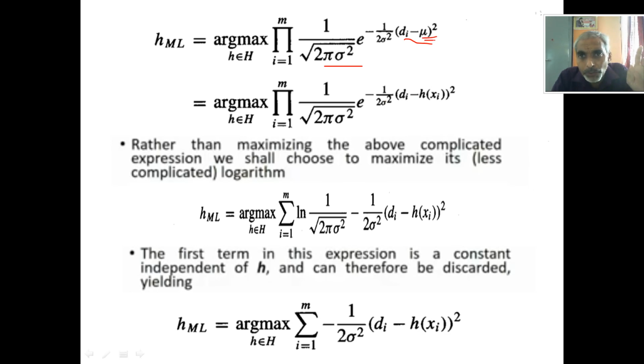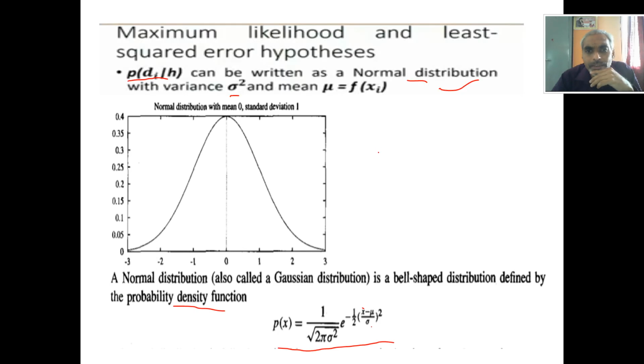Mu is what? Mu is the mean, which is equal to h of xi. You are going to find the mean. Now when all the hypotheses are there, for each xi, for every hypothesis, for individual data points, we have h of xi.